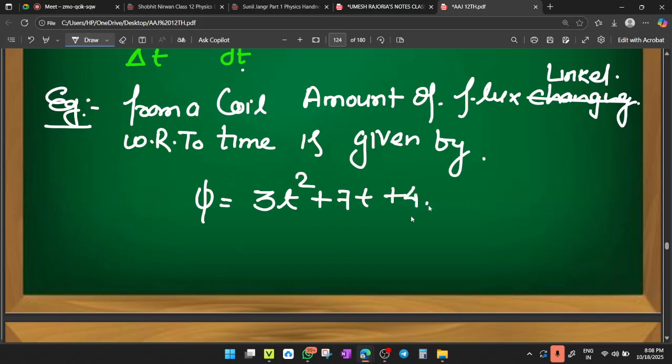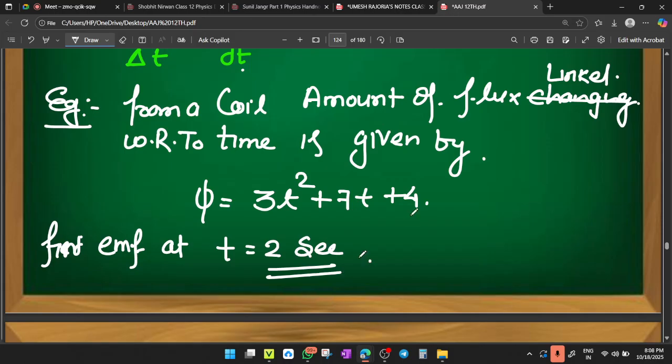This is a numerical, beta. So phi is equal to 3t square plus 7t plus 4. Find EMF at 2 second. Estimate the value of EMF produced in a coil at 2 second.